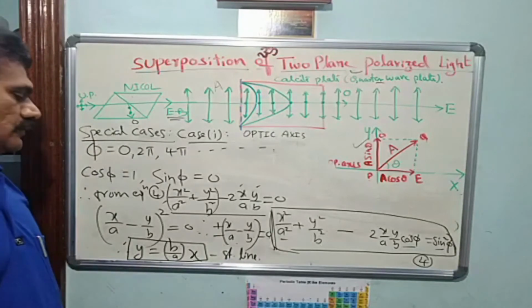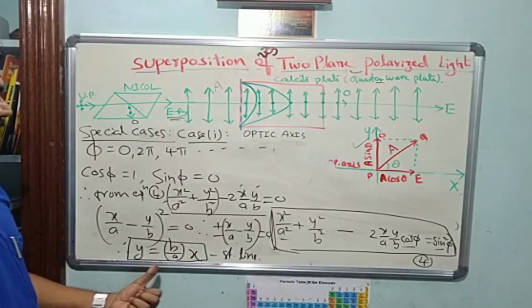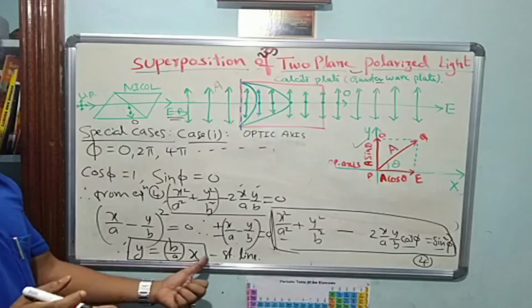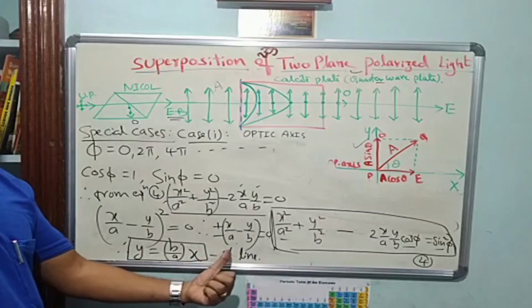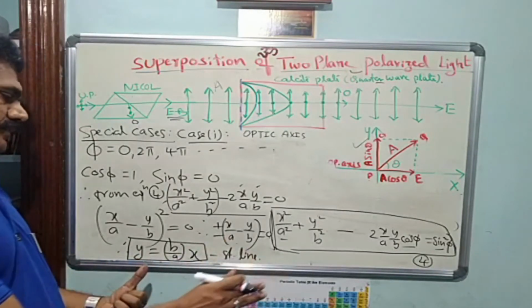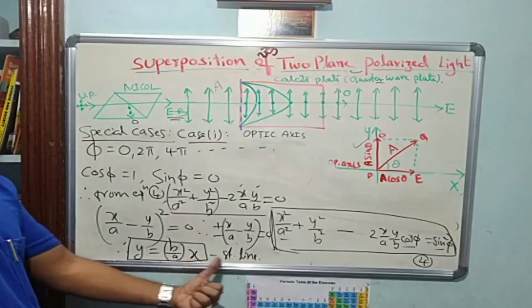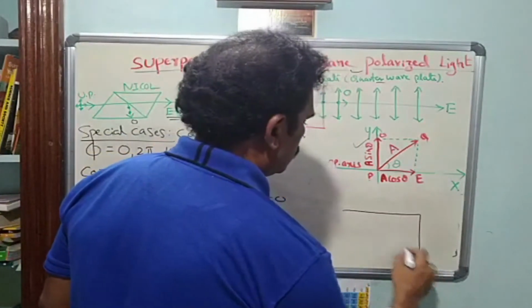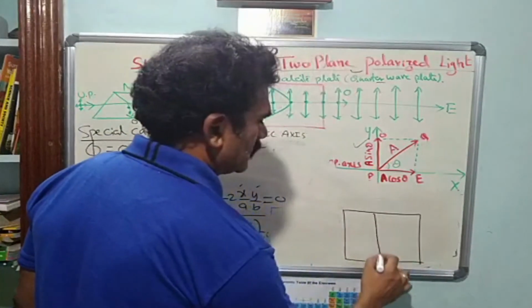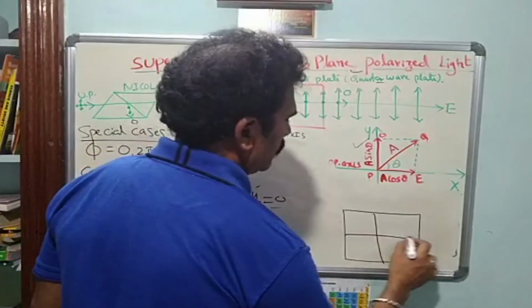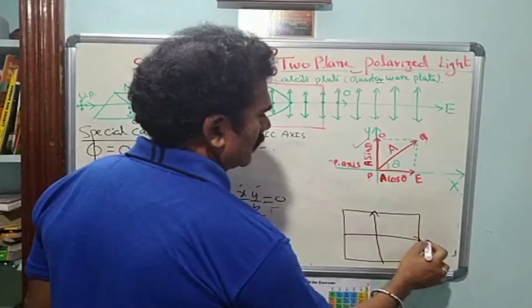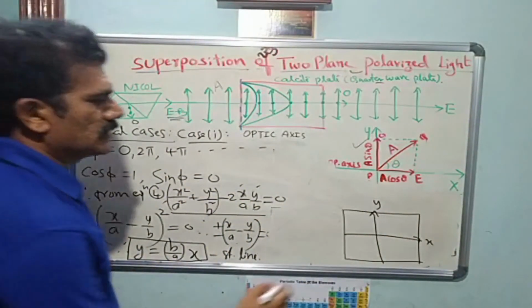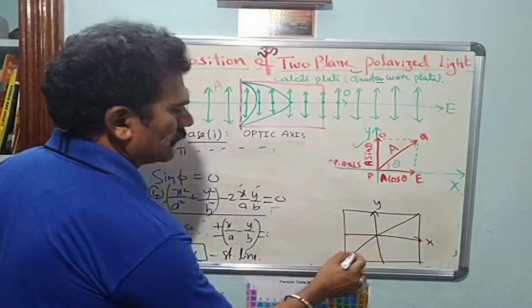So if you consider the variables x and y, then this b by a is nothing but the slope of that line, isn't it? The intercept is 0, of course. y is equal to mx plus c form it is. If you forget the intercept part, y is equal to mx is nothing but the straight line equation with the slope b by a. I will show it here. If you consider a graph like this, with variations along the x axis and y axis, this slope must be like this.